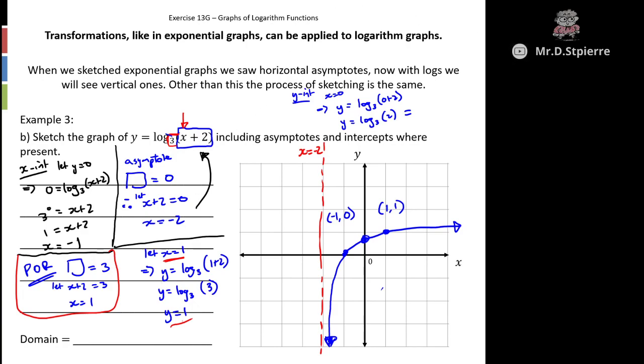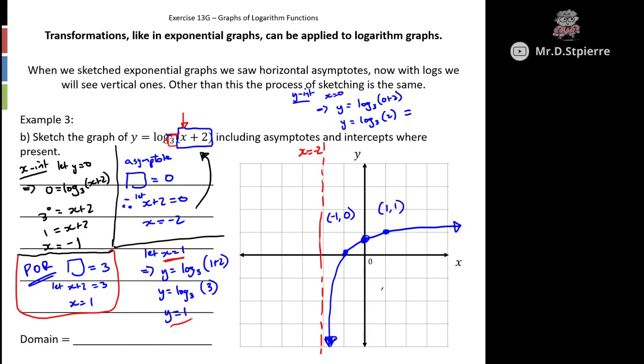Sorry about this. Poor preparation. Base 3 of 2.